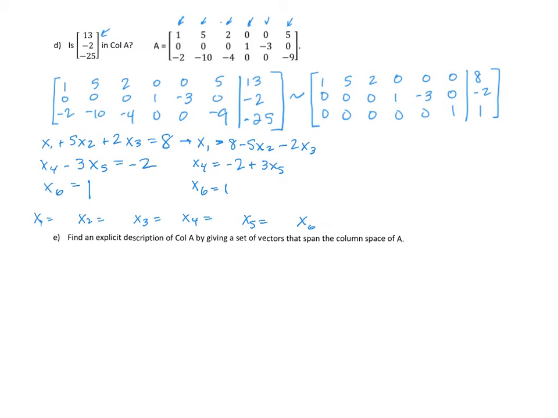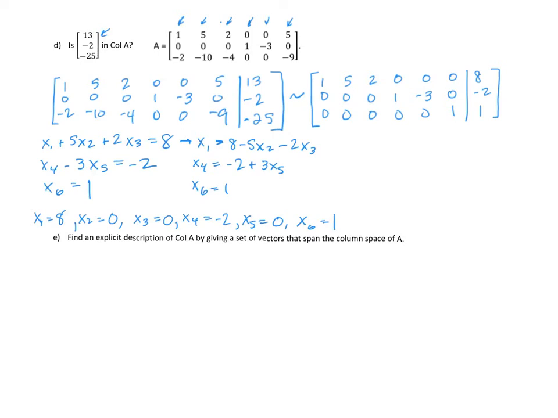My free variables I get to pick, so I'm going to make them 0 because that's just easy. So my free variables are 2, 3, and 5. If I make my free variables 0, then I can solve for the pivot variables. Okay, so x1 would be 8 if I'm plugging in 0 for x2 and x3. x4 would be -2, and x6 is 1.